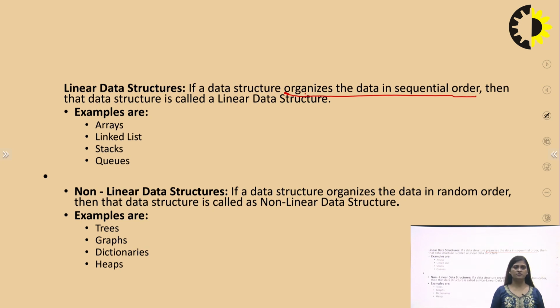Linear data structure means organizing the data in a sequential order. Means you have a collection of data, raw data, then you arrange the data in a sequential order. Examples of linear data structures are array, linked list, stack and queue. Non-linear data structure. Here the data structure organizes the data in a random order.